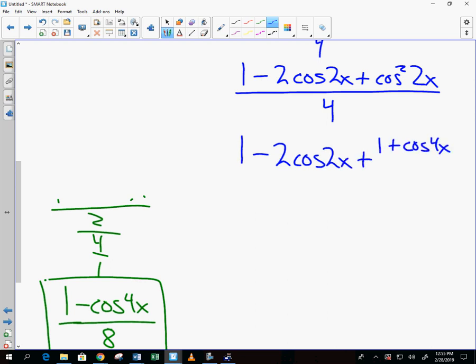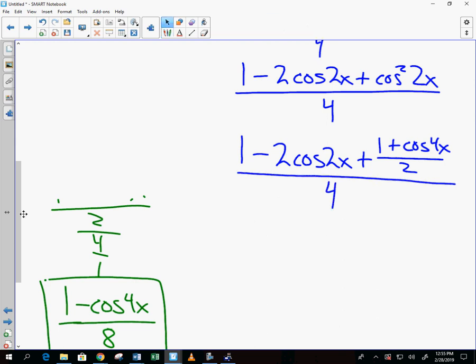Good. You guys see to replace it with the new formula. Sure was handy we created a new formula, wasn't it? So the 1 changes to 2 over 2. The 2 changes to 4 over 2.